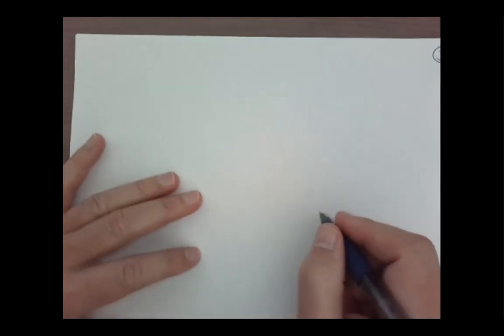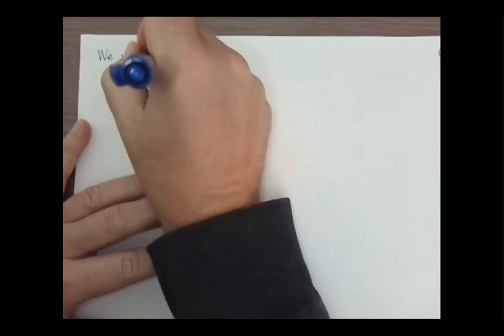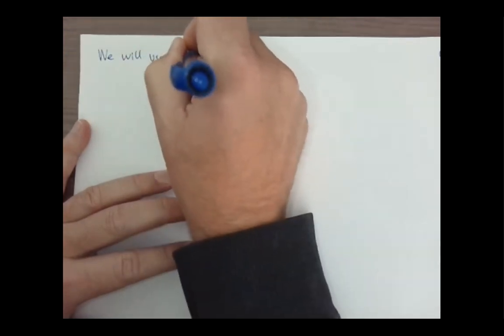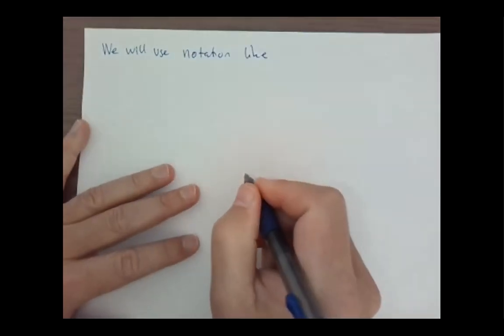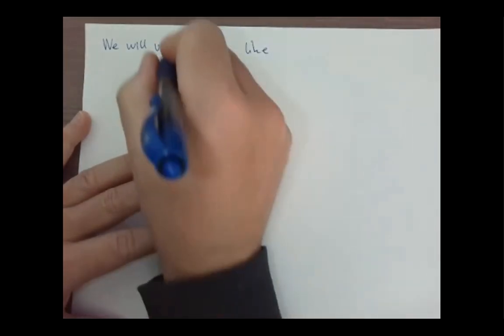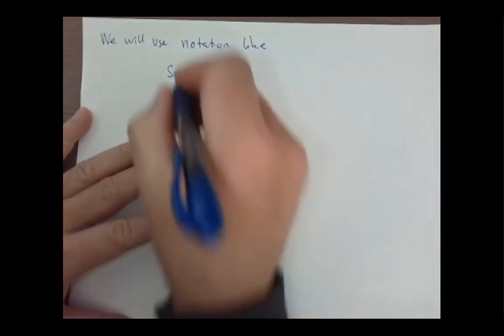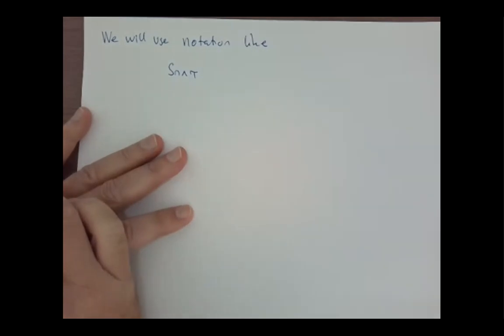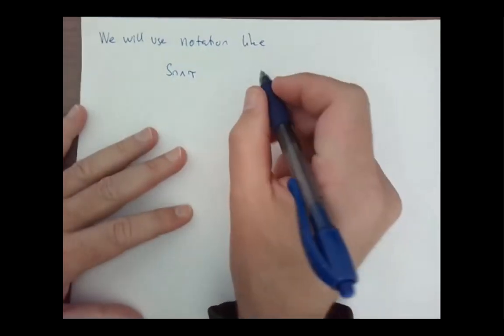We will also be using notation like, if I have, let me just continue with this Sn over there. We'll use something like this. Right, so this is going to be a random variable.